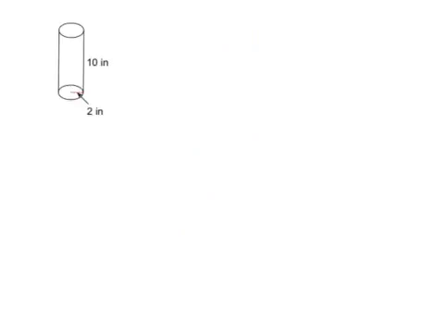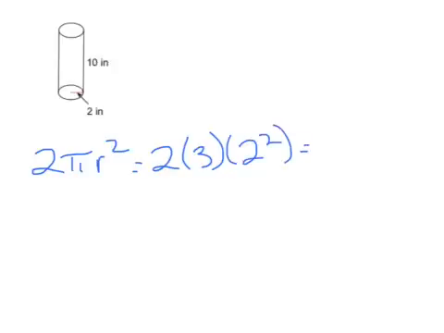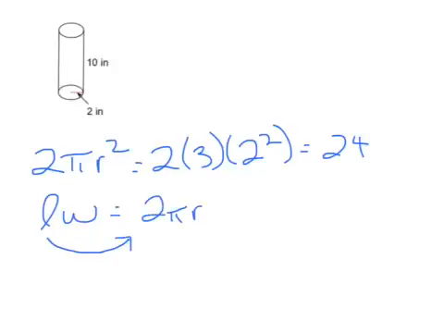Let's do one more. So we've got our circle, pi r squared. I've got 2 of them, so we multiply by 2. So 2 times 3 times 2 squared. That would be 4, 12, 24. And then my length times my width. Your length of your rectangle is your circumference, which is 2 pi r, and your width is actually the height.